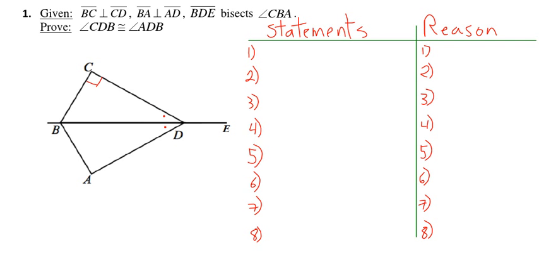I'm marking the givens. And then I have that BA is perpendicular to AD. So one more time, perpendicular lines give us right angles. So this is a right angle. And then there is a theorem that says that right angles are congruent.